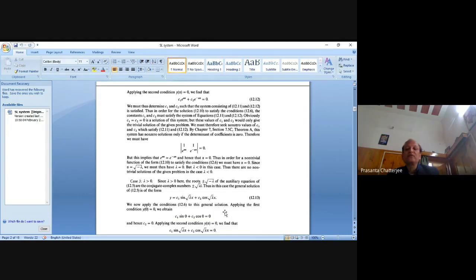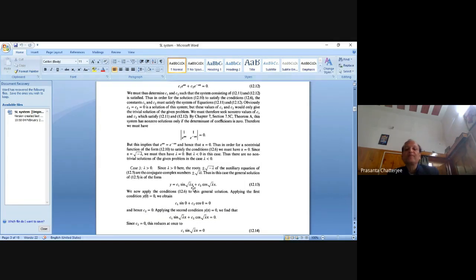Similarly, if we use the first boundary condition at x equal to 0, y equal to 0, then sin 0 is 0, cos 0 is 1, it gives c2 equal to 0. So it will be y equal to c1 sin root lambda x.